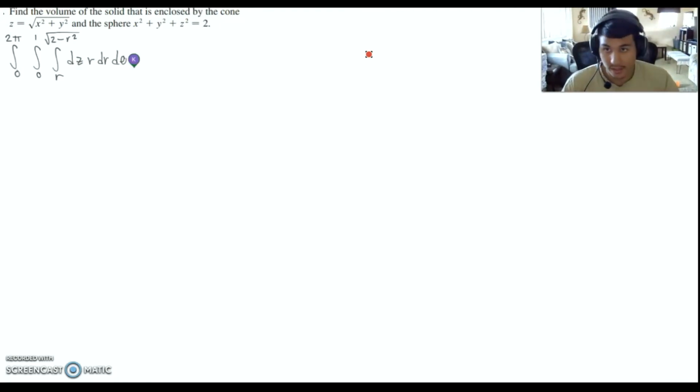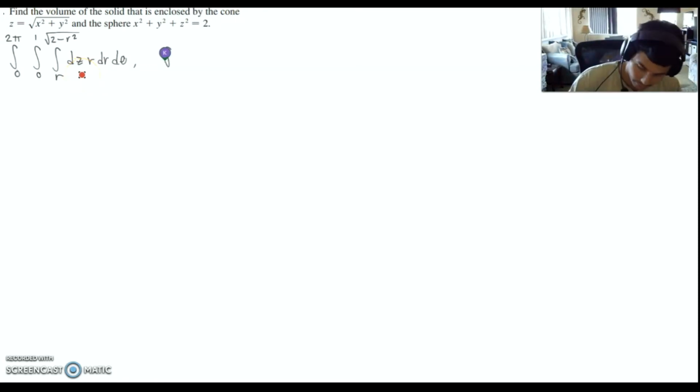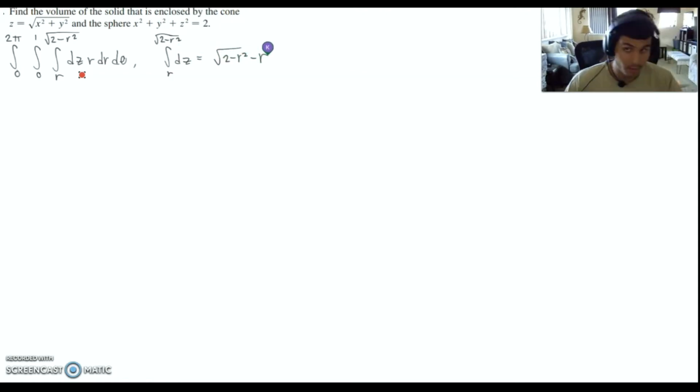Like I like to say, the first integral is root 2 minus r squared over r dz. You can see that this just turns into root 2 minus r squared minus r. And then remember, we have to multiply this by r for our next integrand.